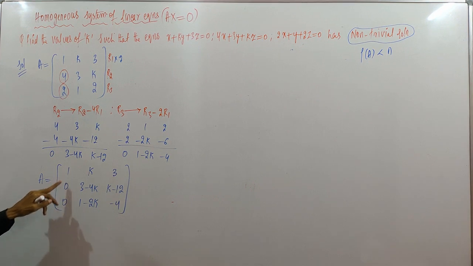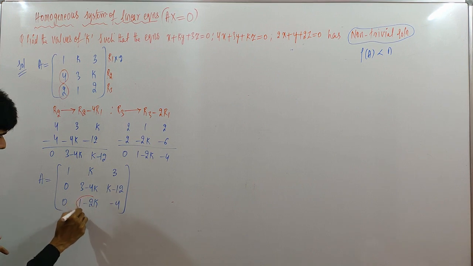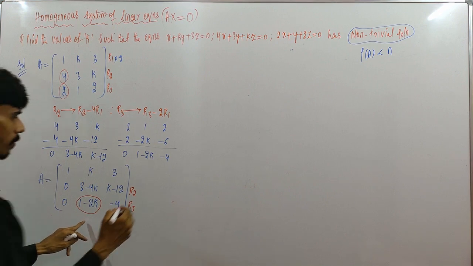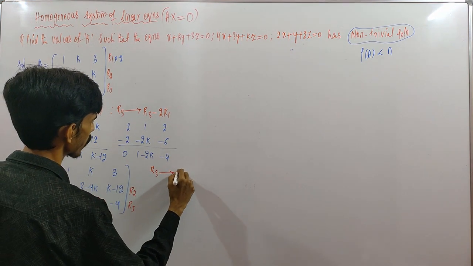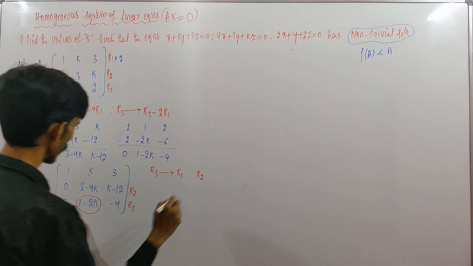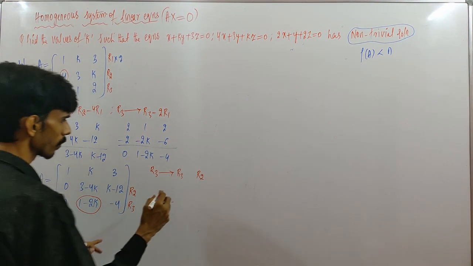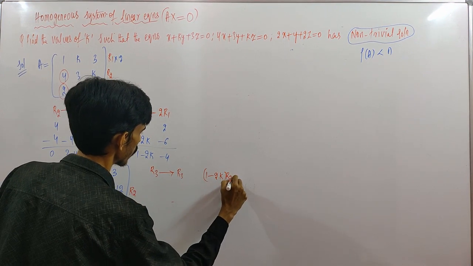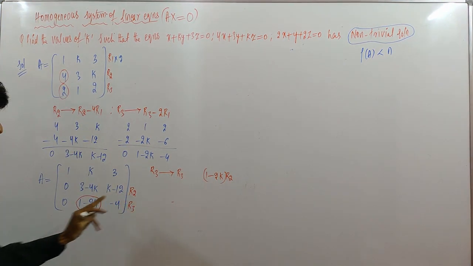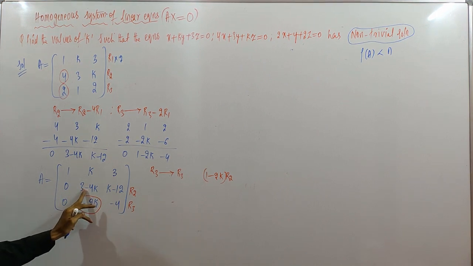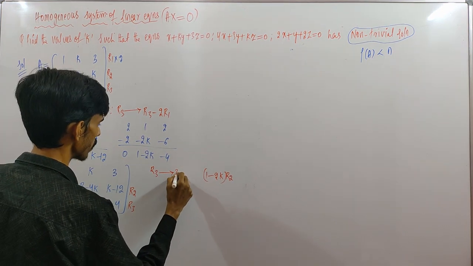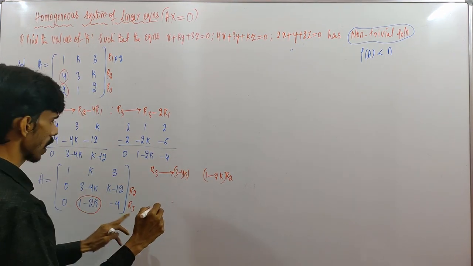Now we have a non-zero element below which we have two zeros. Here is a non-zero element. Now make this element 0. Here we have row 2 and row 3. So applying a row operation on the third row R3 with the help of R2: multiply 1 minus 2k into R2 and 3 minus 4k into R3.